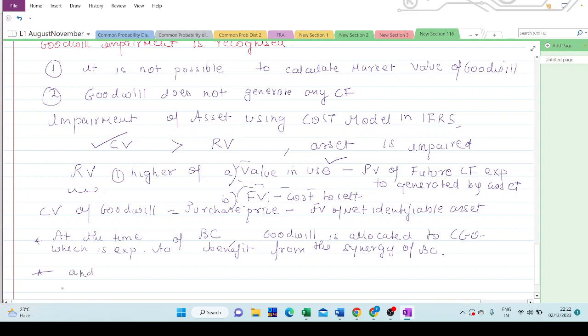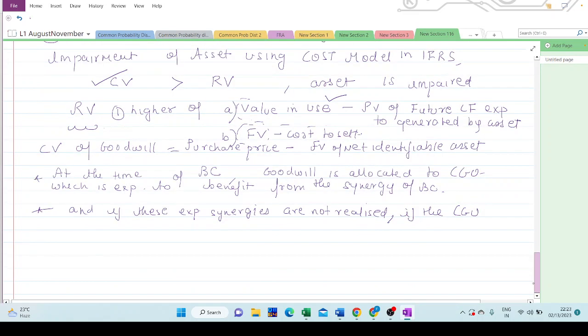And if these expected synergies are not realized, that is, if the CGU does not benefit from the synergies of business combination, goodwill impairment is recognized.